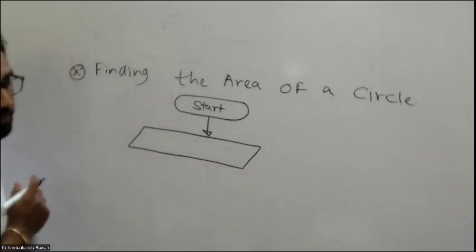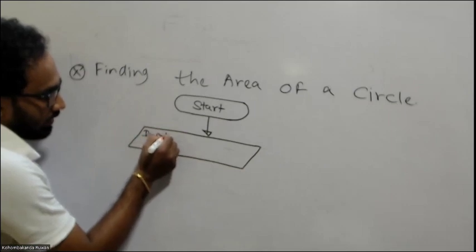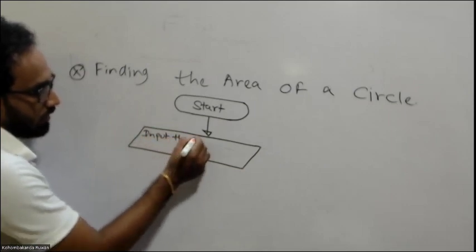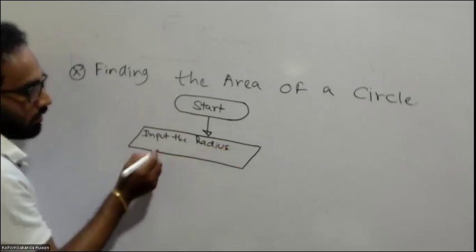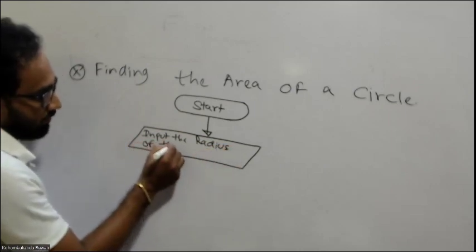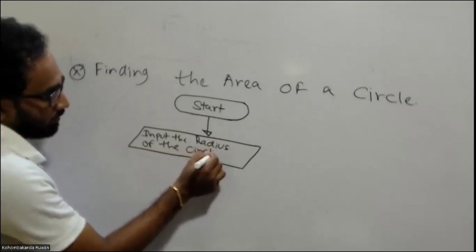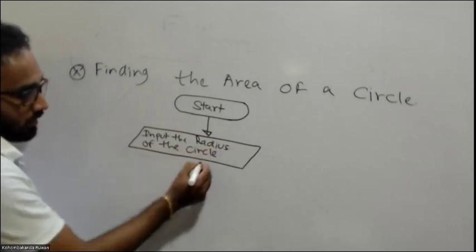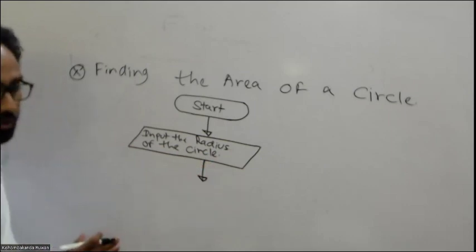Input the radius of the circle. Next, you have to draw an arrow like this.